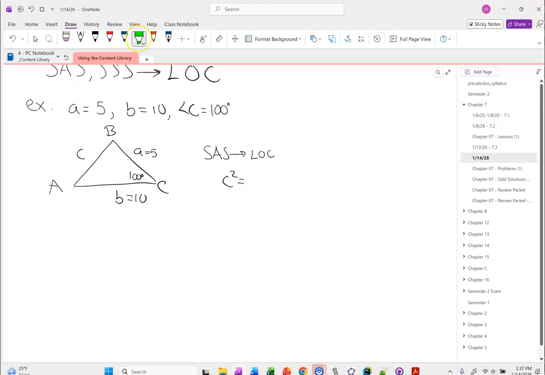In the law of cosines, for a side angle side situation, the first thing you're going to solve for is the side opposite the given angle. So I'm going to write my law of cosines version. Can somebody answer if I give you the formulas?